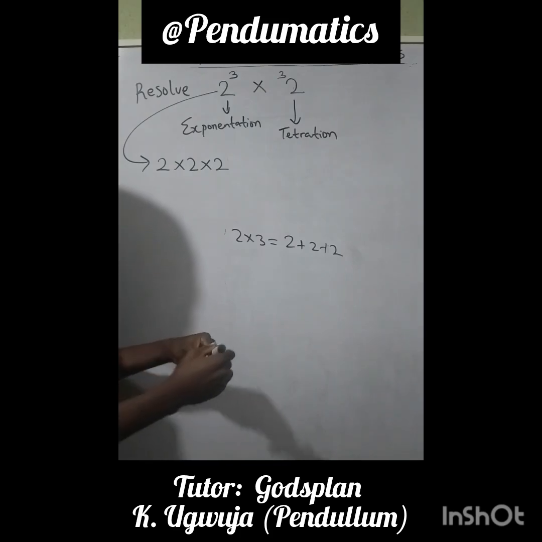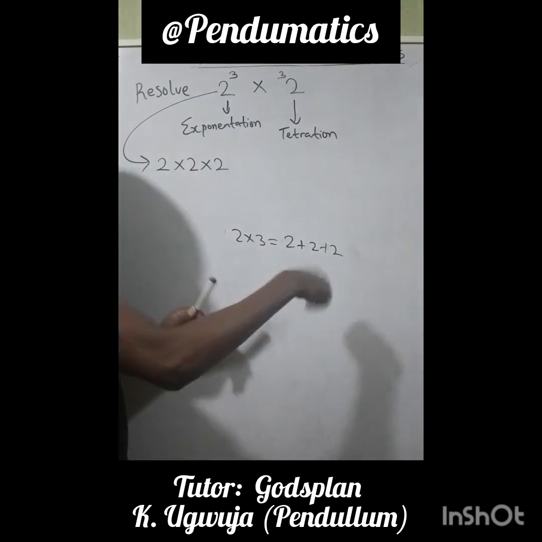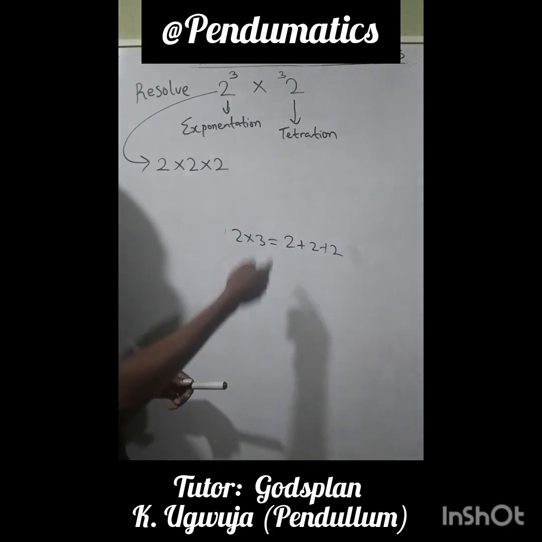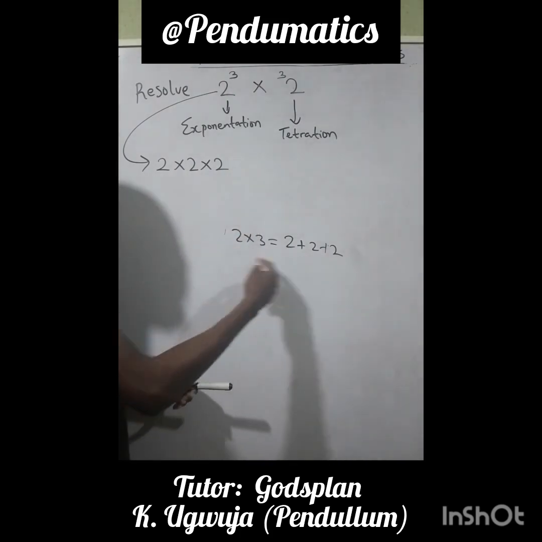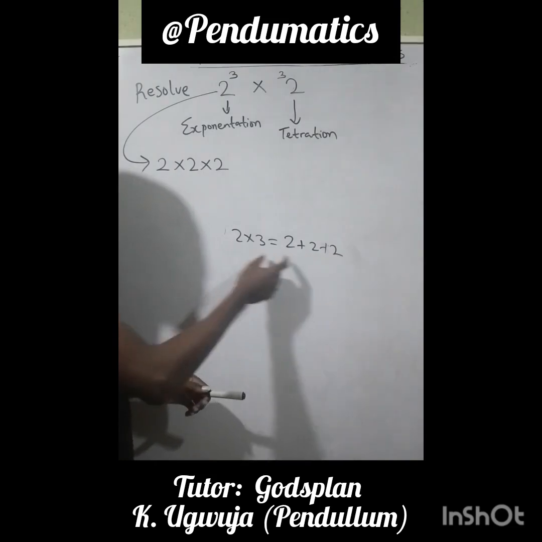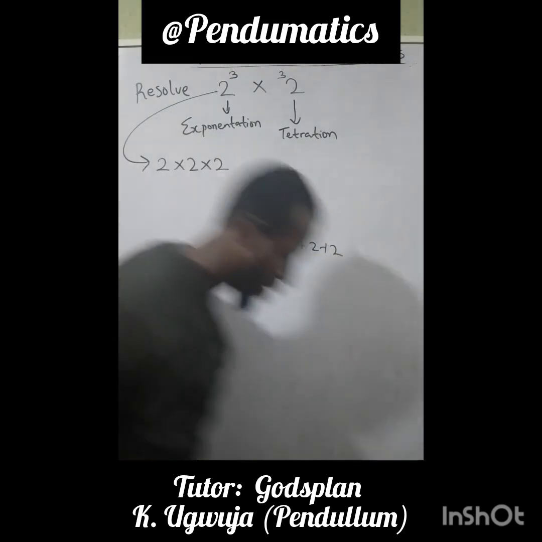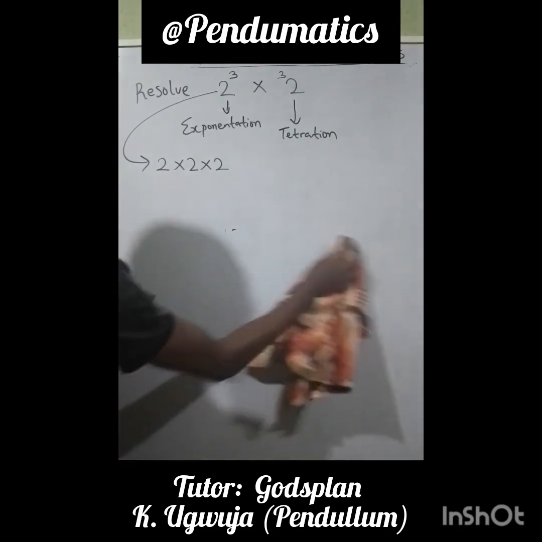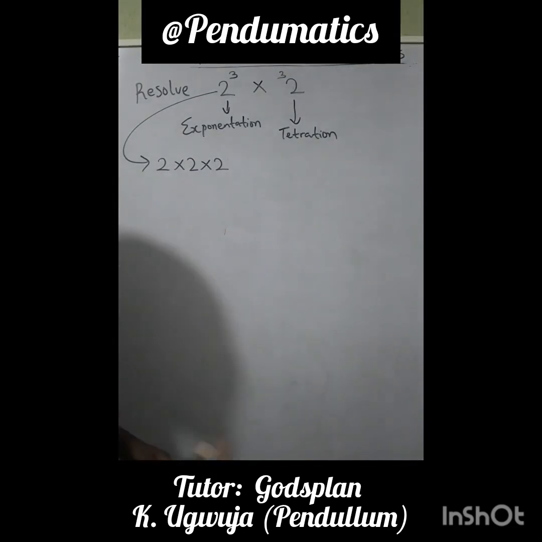You can clearly see here that 2 plus 2 plus 2 is the same thing as 2 multiplying itself 3 times.